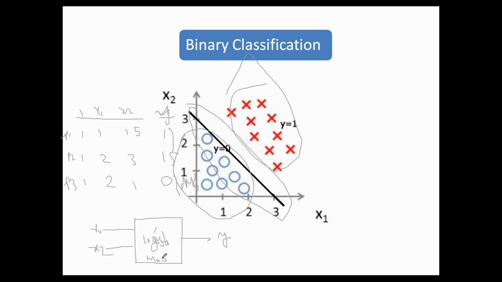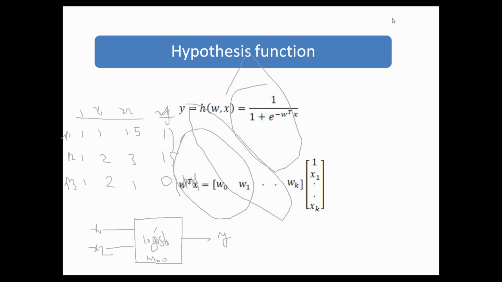What does the model consist of? It consists of a hypothesis function, h of wx is equal to y. You have the x, you have the y. The only thing unknown is w. You have the x values, that is the input, and the y value, that is 0 or 1.